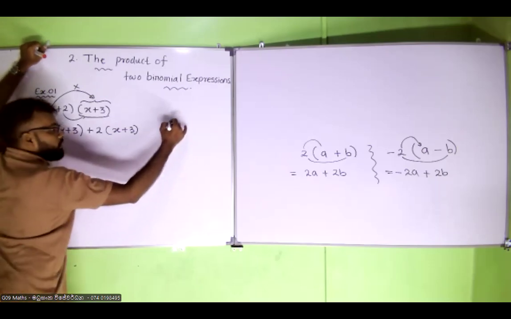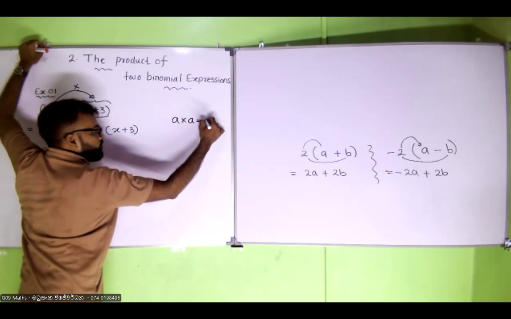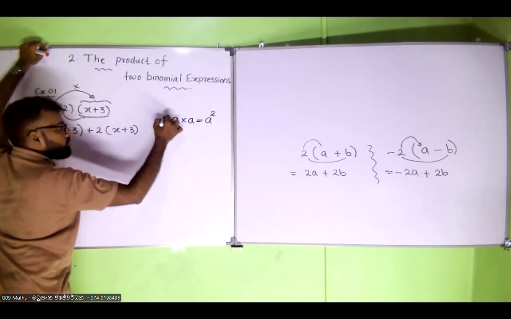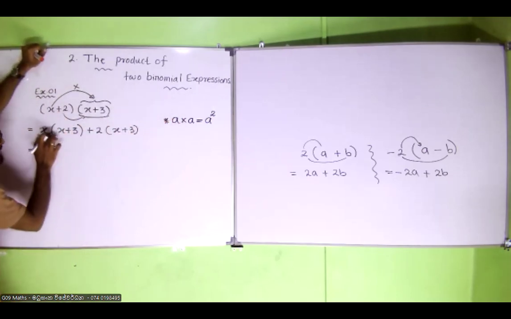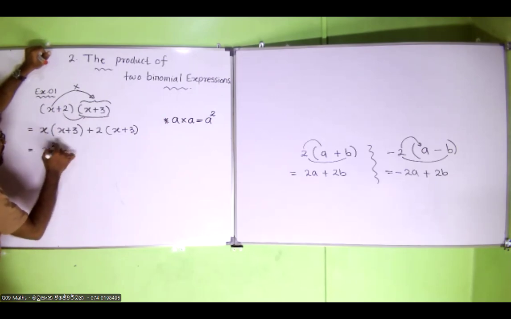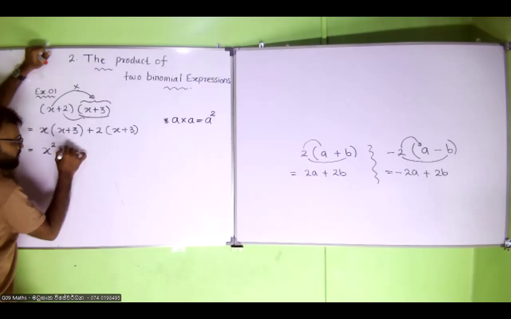Like a into a, by using the laws of indices, you can write a to the power 2. So same, x into x, x to the power 2. Positive into positive, x into 3, 3x.